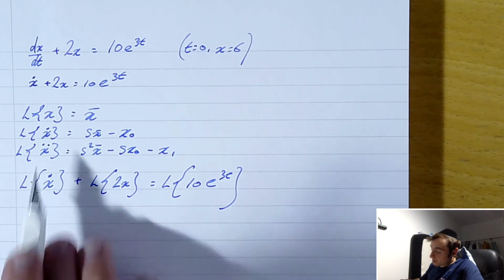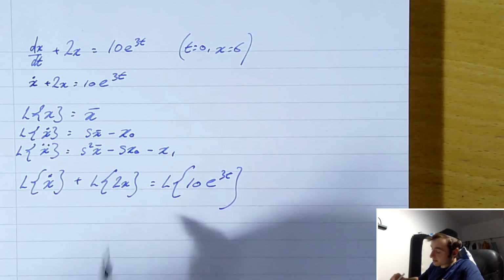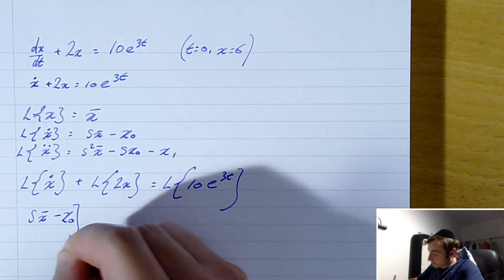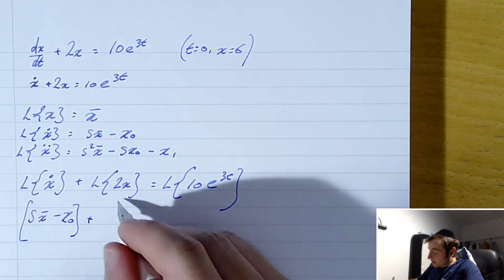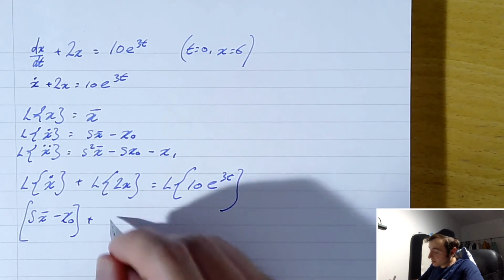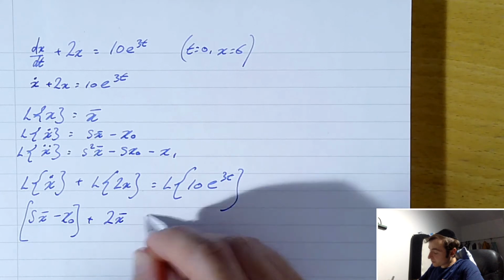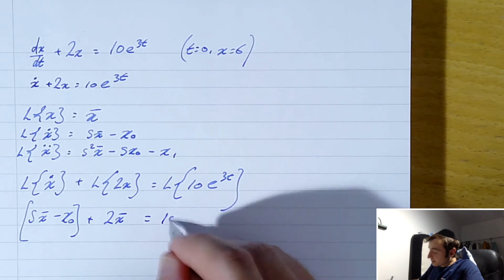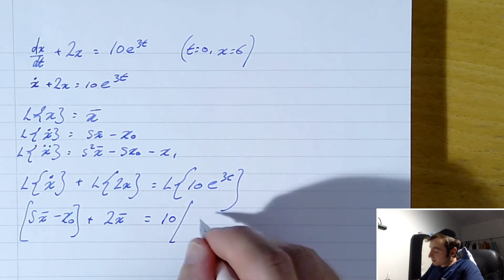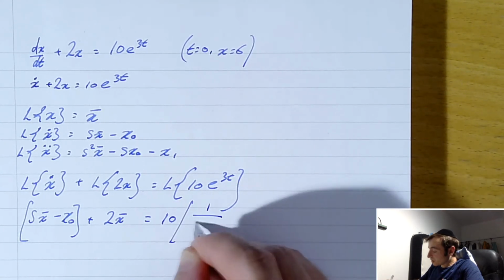We know the Laplace transform of the first derivative of x is s x bar minus x naught, plus the Laplace transform of 2x. We know the Laplace transform of x is x bar, so 2 times that is just 2x bar, equals 10 times the Laplace transform of e to the 3t, which is 1 over s minus 3.